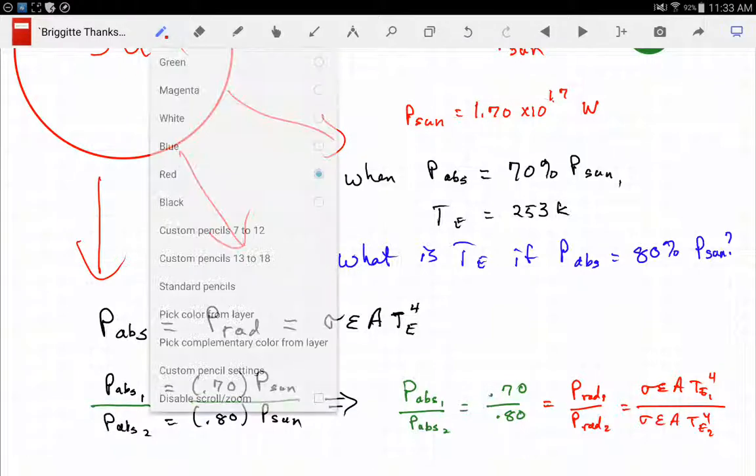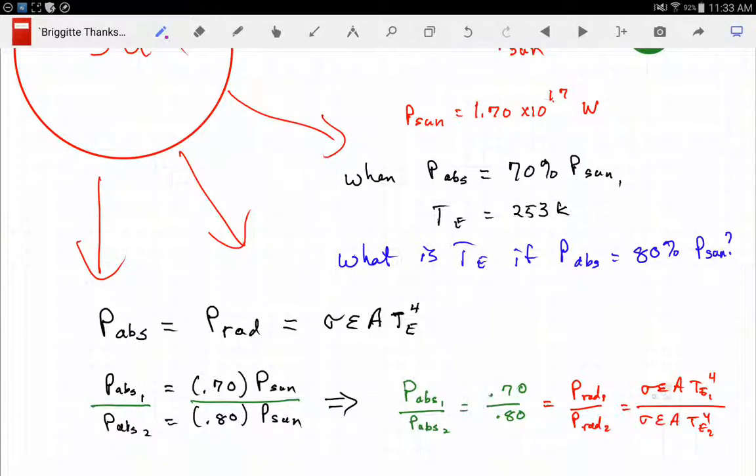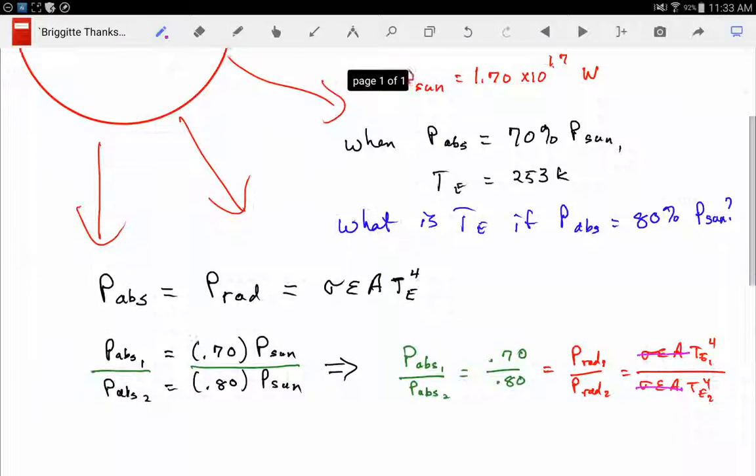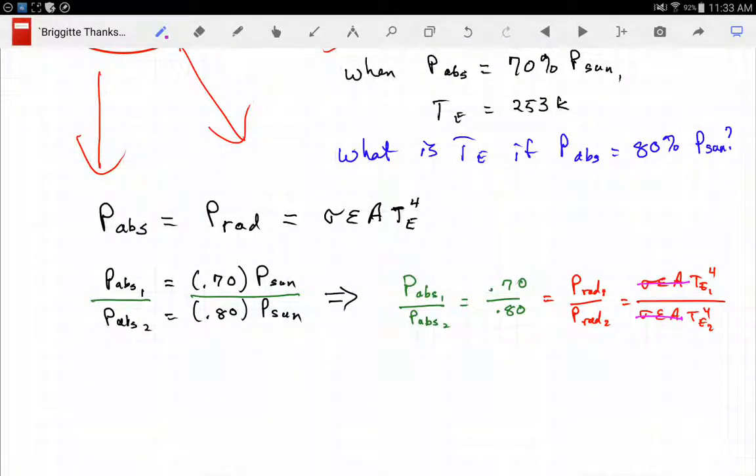Okay, see, we can cancel virtually everything in this, as we can cancel that divided by that, and what I'm left with is a reasonably simple equation that says temperature of the Earth 1 over temperature of the Earth 2, all raised to the fourth power, right?